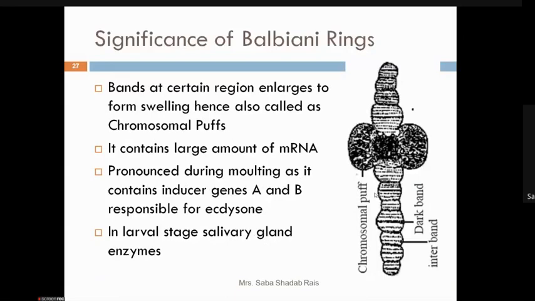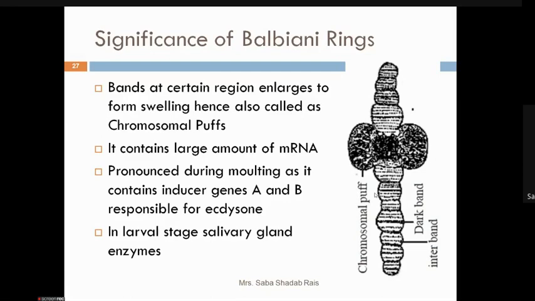Now we will study a little detail about the significance of Balbiani rings. When we observe bands at a certain region, as I told you, because of high gene expression they get puffs, and these puffs are called chromosomal puffs.